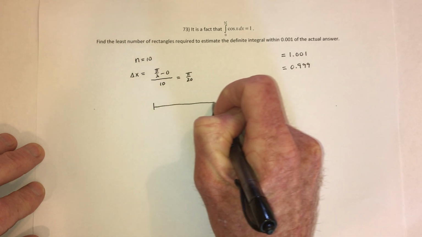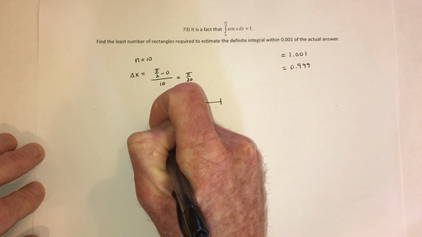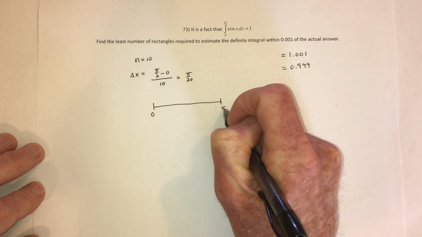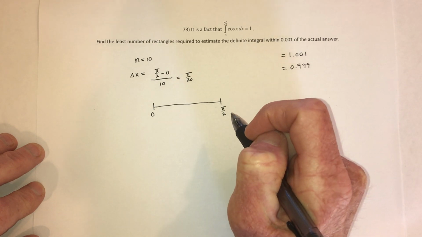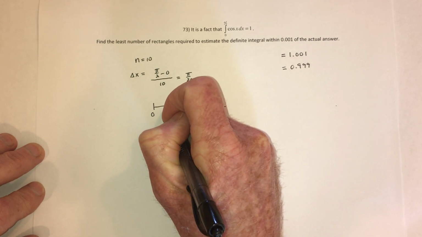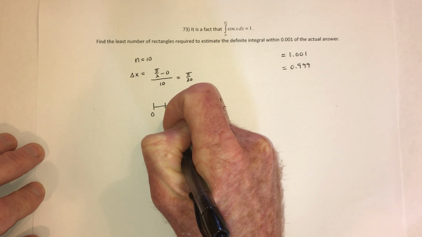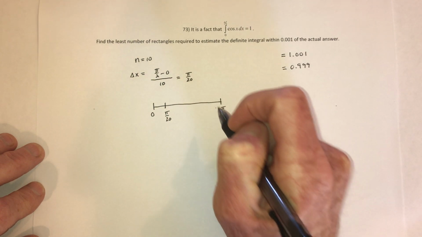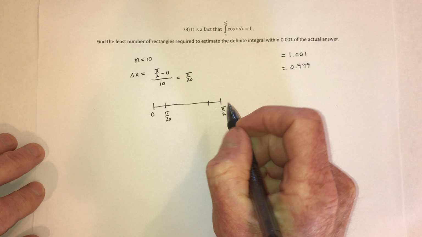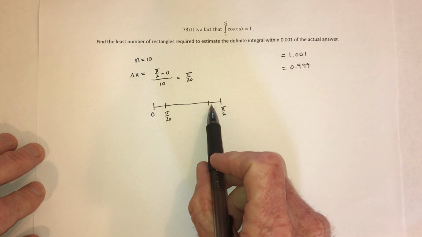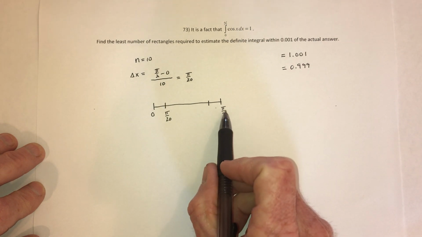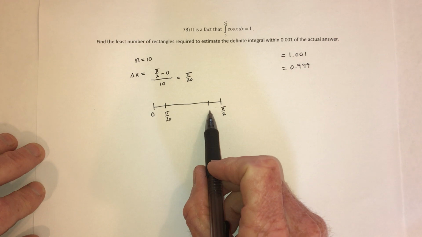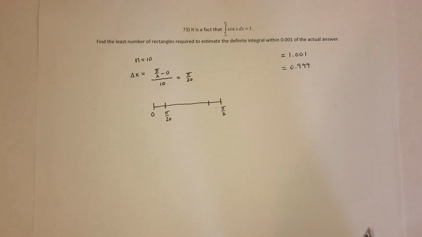Now look at the x-axis going from 0 to pi over 2. So this first interval would go from 0 to pi over 20. For the last one, well, this is a length of pi over 20, so this right here is pi over 2 minus pi over 20.